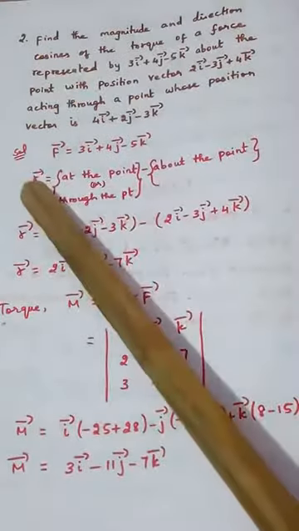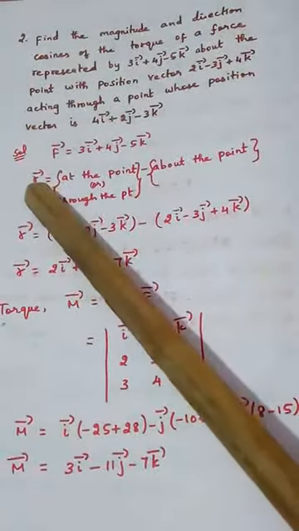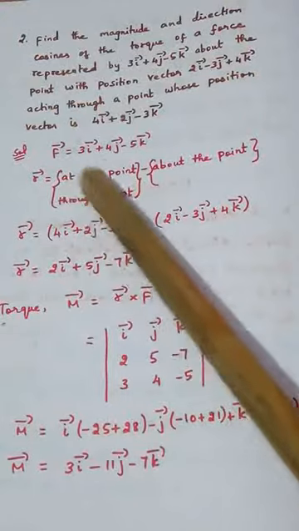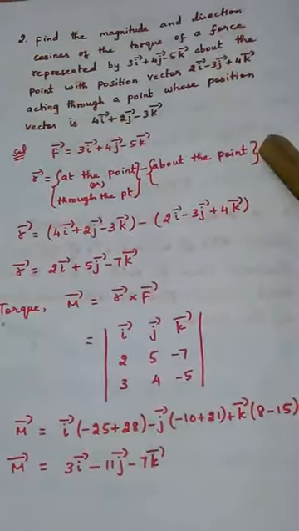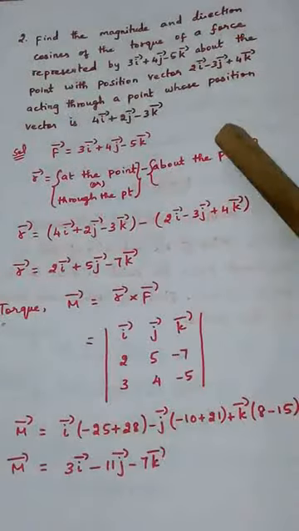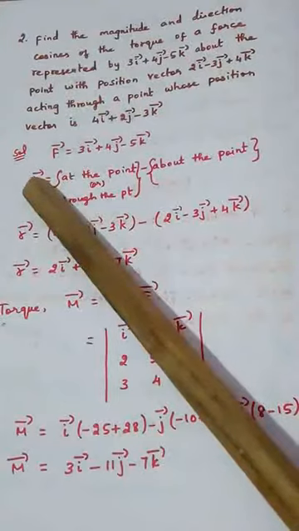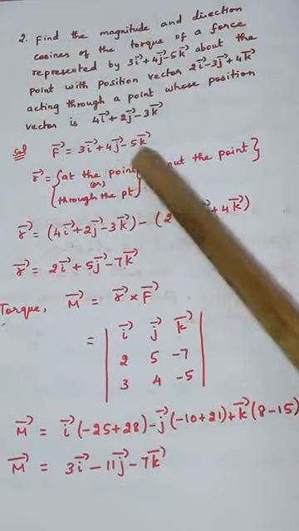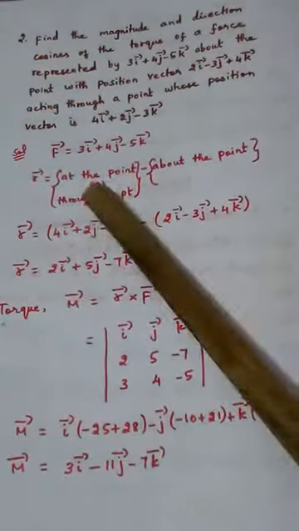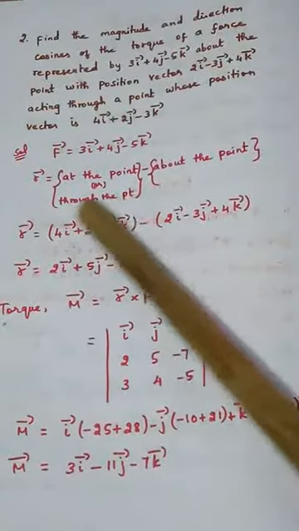Now to calculate R vector, this we should remember: R vector is calculated as at the point minus about the point. We should subtract these two, as in the case of work done, where displacement is calculated as AB vector. Sometimes at the point can be replaced by the words through the point.